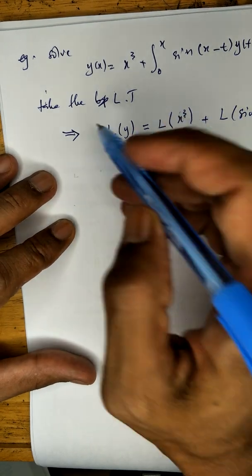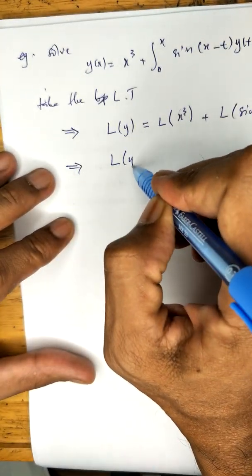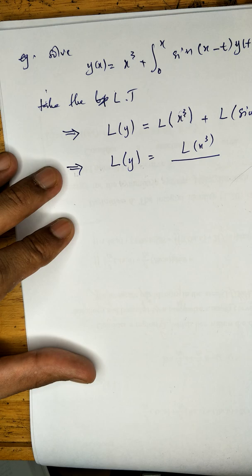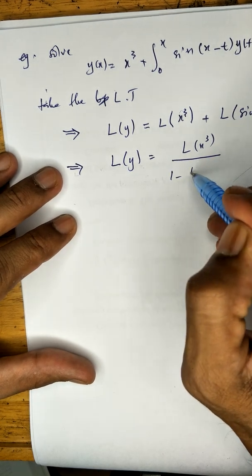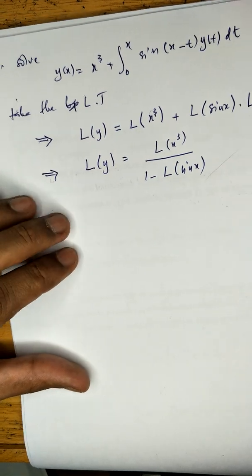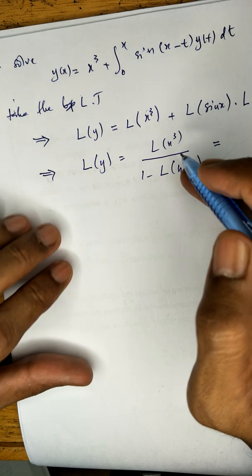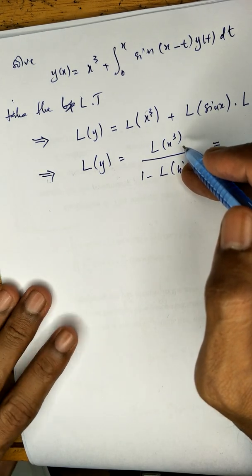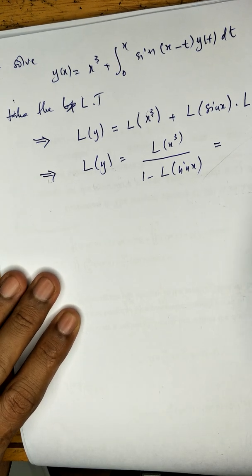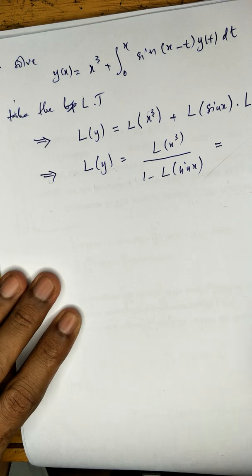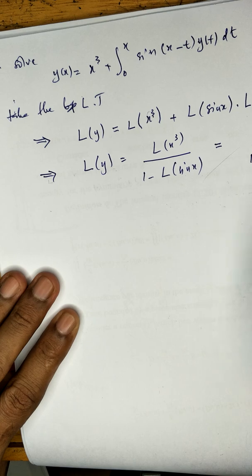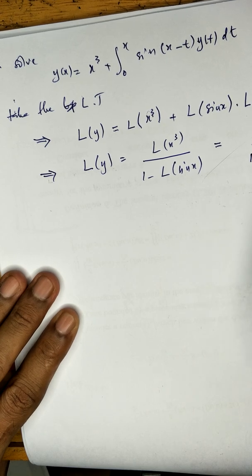Then we solve for L of y. That will give you L of x cubed over 1 minus L of sine x. It is not difficult. You can find the Laplace transform of x cubed, which is 3 factorial over u to the 4, and the Laplace transform of sine x I gave earlier, which is 1 over u squared plus 1.